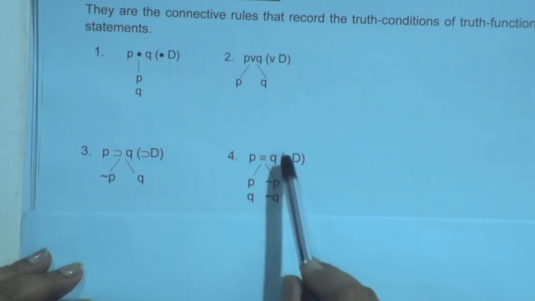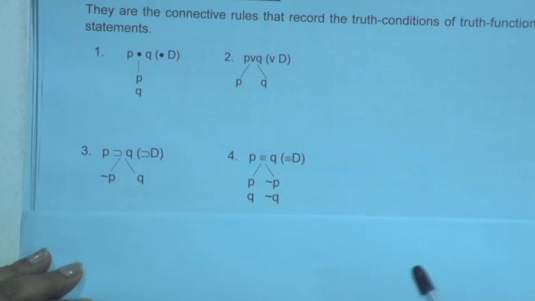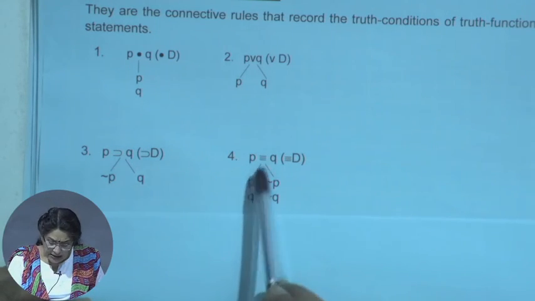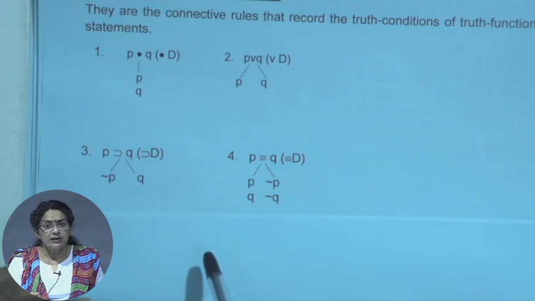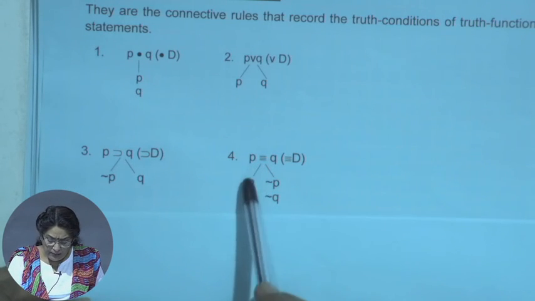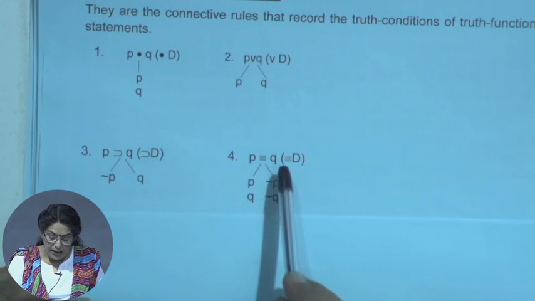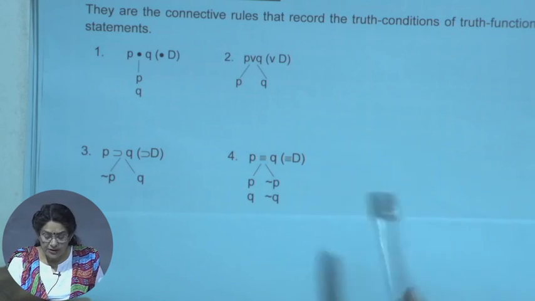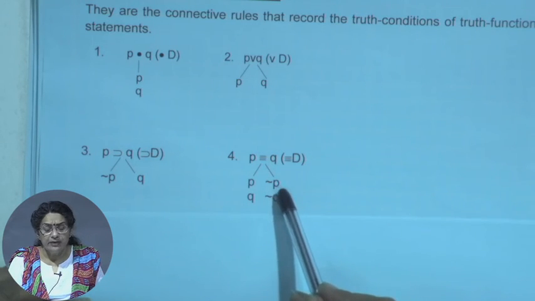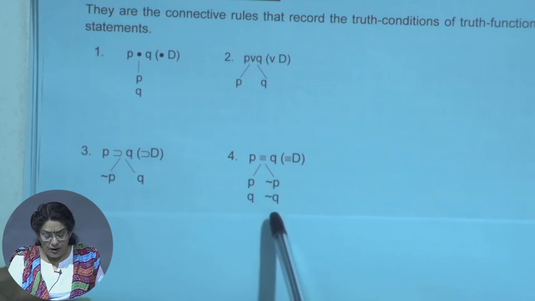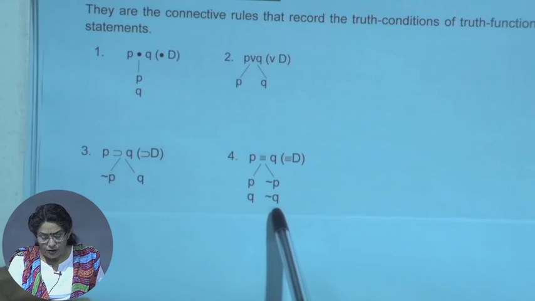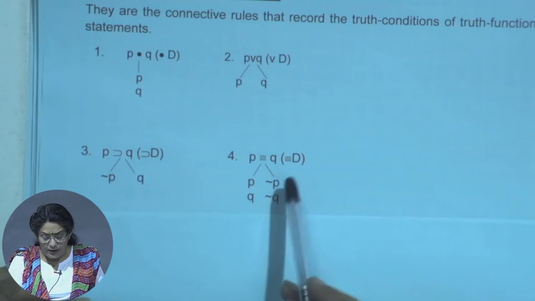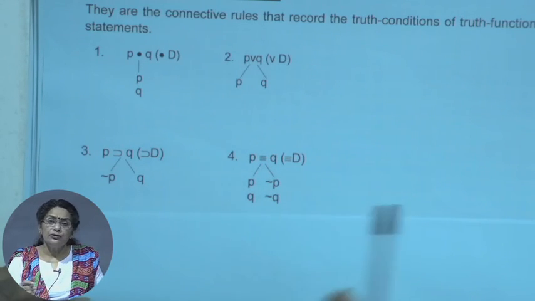Get me? So, there are two sets of conditions, either-or. That is why it has generated this kind of branching. In one branch you have P true, Q true, and on the other side you have P false, meaning not P is true, and Q false, which means not Q is true.